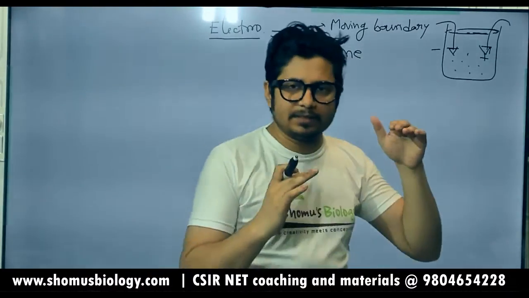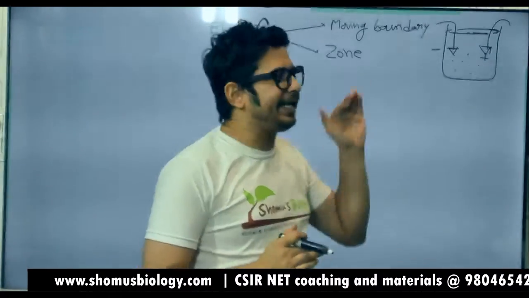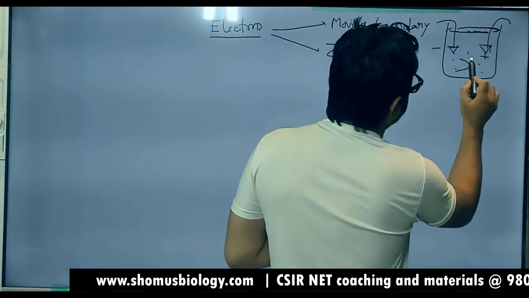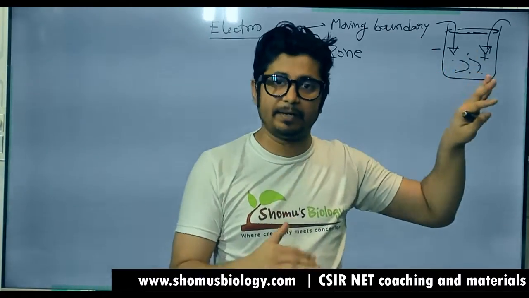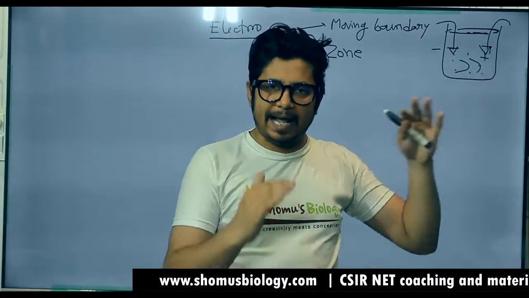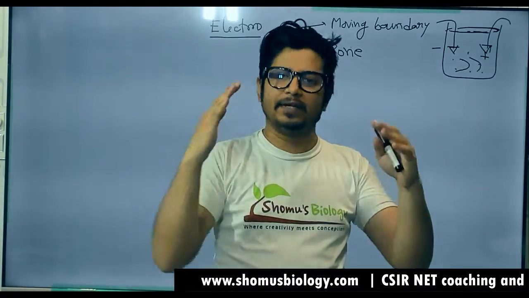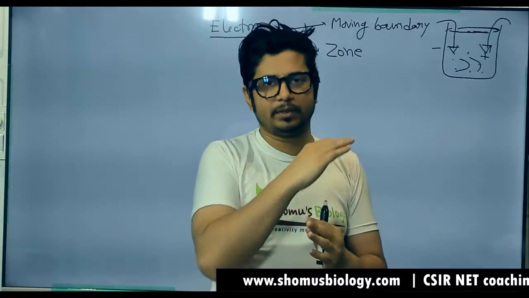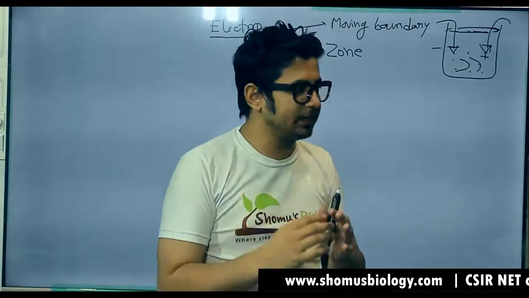As these charged particles migrate, they continuously create a boundary of plus and minus in that liquid media. This boundary continues to change as we apply the electric field, depending upon the charge of the molecules present in the environment. That's why we call it moving boundary electrophoresis.